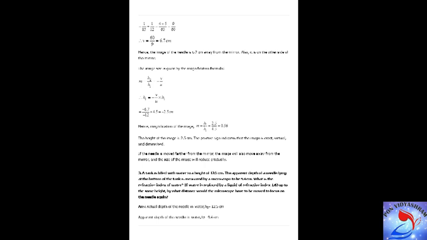So the actual depth of the water, that is the height, is 12.5 centimeter. But when we see through it, the apparent height of the needle in the water is 9.4 centimeter. Then we have to find the refractive index. Generally, refractive index is the ratio of the speed of light in vacuum to the speed of light in the medium.